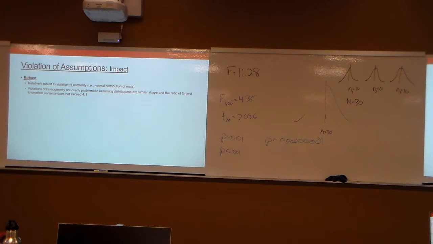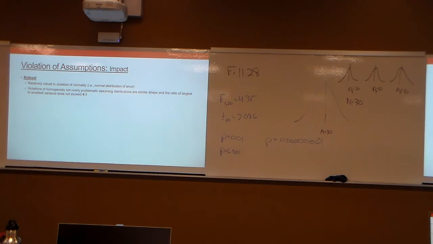I can also have violations of homogeneity of variance, assuming distributions have similar shape and the ratio of the largest to smallest variance doesn't exceed 4 to 1. So even if my distributions aren't great, they're kind of skewed, but as long as they're skewed in the same direction and the ratio of the variance in the largest variance group to the smallest variance group isn't more than around 4 to 1, we're still probably going to be fairly robust.